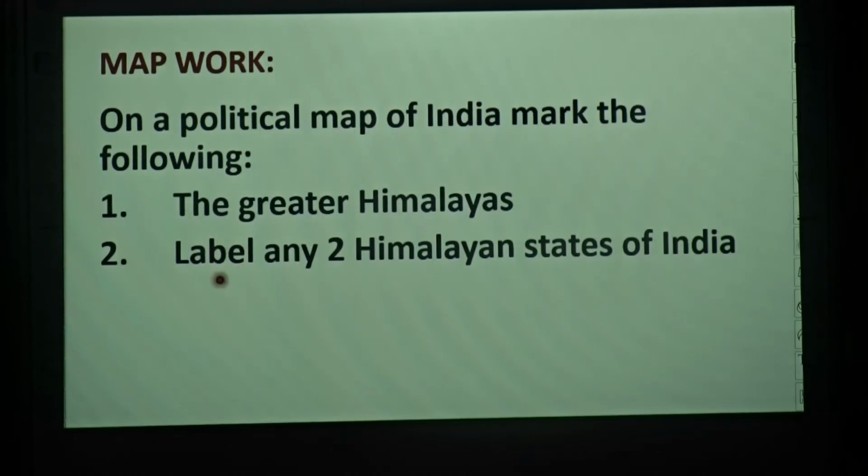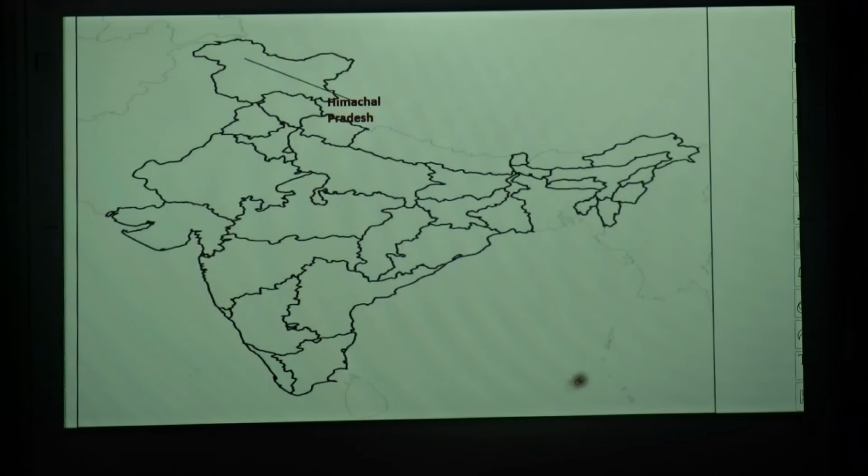The next one you have map work. On a political map of India mark the following: the Greater Himalayas and label any two Himalayan states of India. So this is Himachal Pradesh.